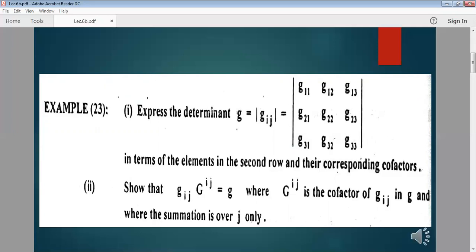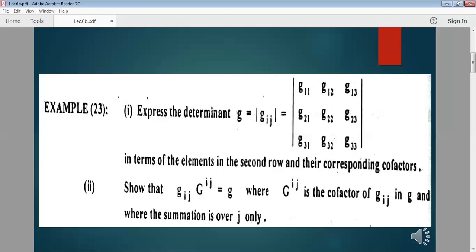Express the determinant G equal to the determinant of Gij, in components: first row G11, G12, G13, second row G21, G22, G23, and in the third row G31, G32, G33, in terms of the elements in the second row and their corresponding cofactors.